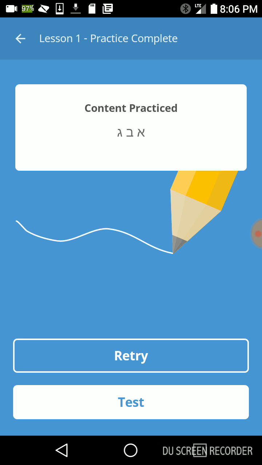Very important letter in Hebrew. Aleph. Gimel. I believe that Goyim, Gentile, begins with this letter.